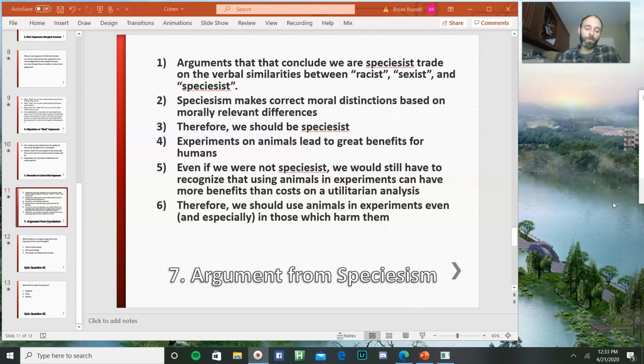Some theories have groups of beings that are moral patients that are not moral agents. Theories like utilitarianism, like Regan's animal rights theory. Other theories have the only moral patients being moral agents.